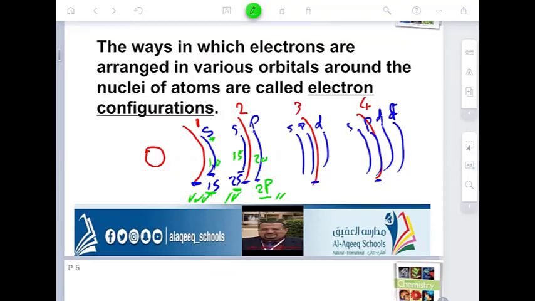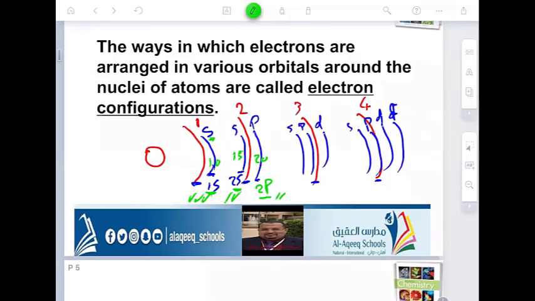Is it clear, guys? Yes, Mister. Okay. So this is the meaning of the Aufbau principle. Sometimes we call it the building up principle. The Aufbau principle or building up principle means filling the levels and sublevels of lower energy first, then the higher ones. That's it.